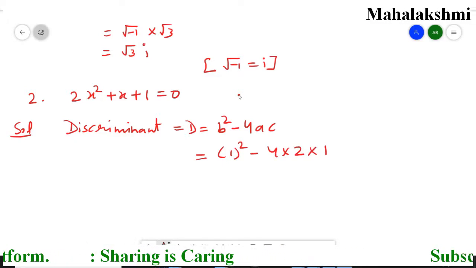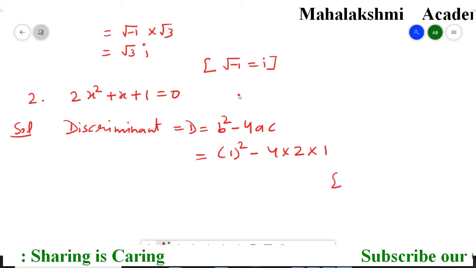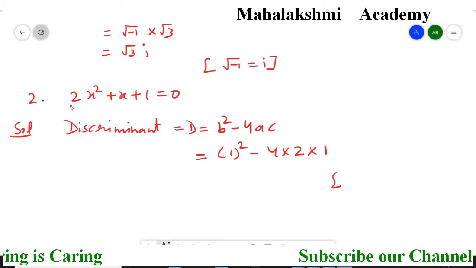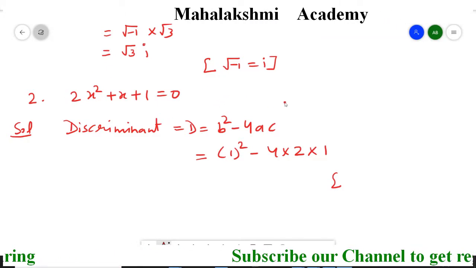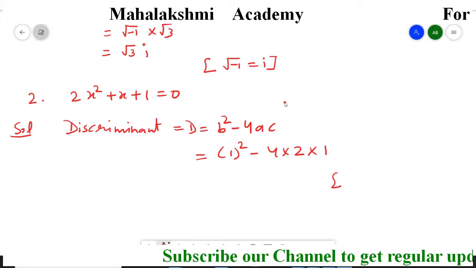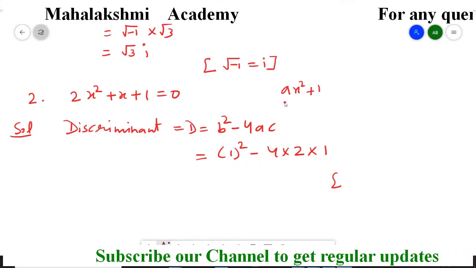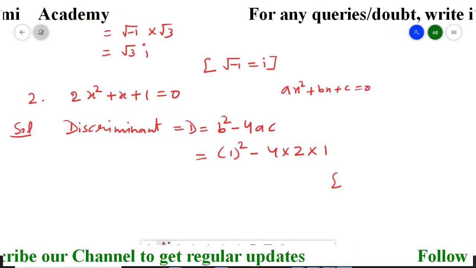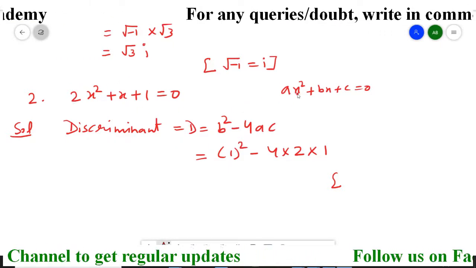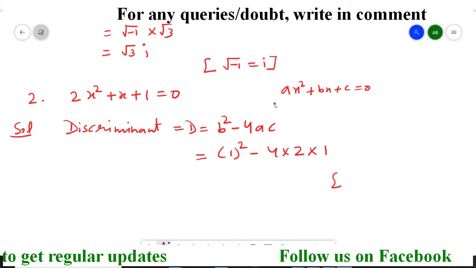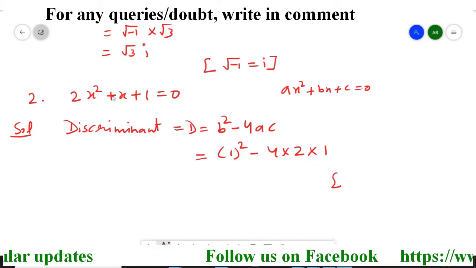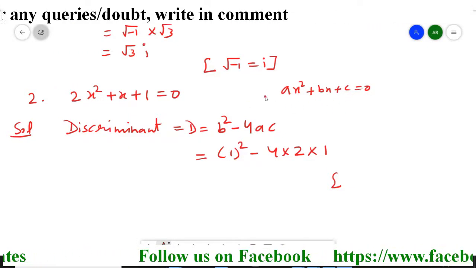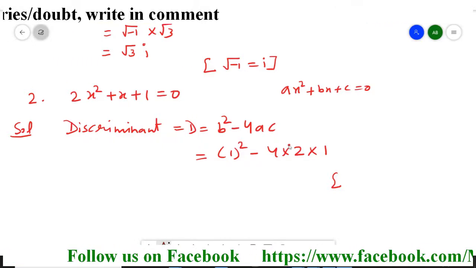Now how did I obtain this? According to the standard form of a quadratic equation, the standard form is ax square plus bx plus c equal to 0. When we compare them, a is the coefficient of x square, that is 2, b is the coefficient of x, that is 1, and c is the constant term, that is again 1.